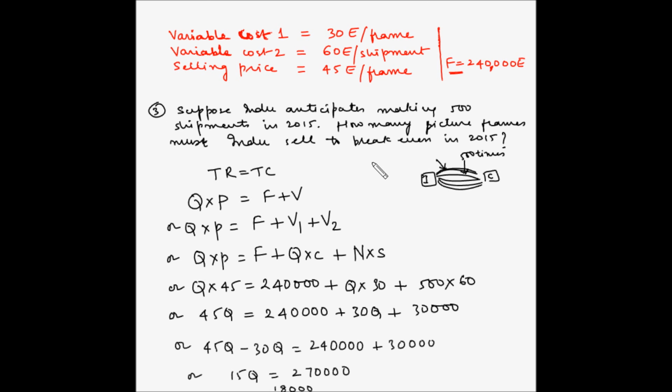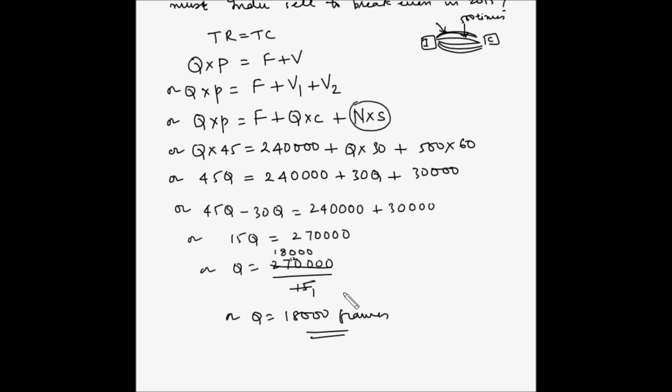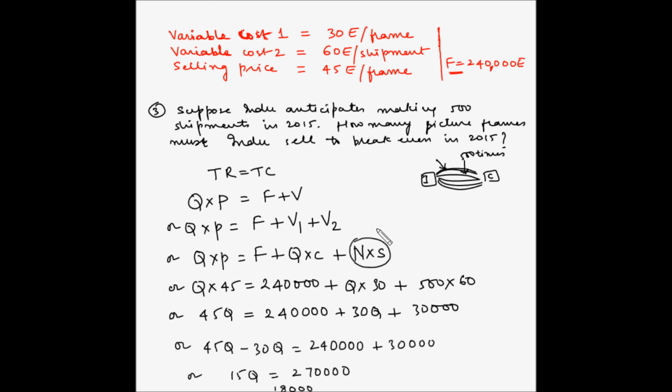Now, the point to be noted here is that because there are 500 shipments, there is a certain cost associated with the selling of picture frames. And because there is a certain cost dependent on the number of shipments, the break-even point is also dependent on the number of shipments, because as mentioned earlier, the break-even point is the point at which the total cost has been recovered, and if the cost varies, the break-even point will vary.